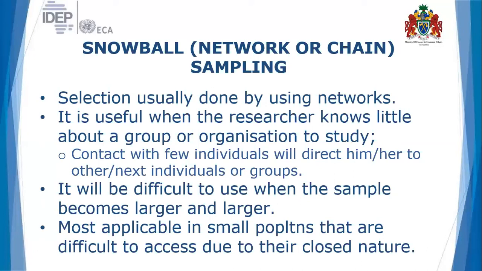So what do evaluators do? They will contact a few individuals, and those individuals will direct the evaluators to the next individuals or next groups, and so on until the sample is met.